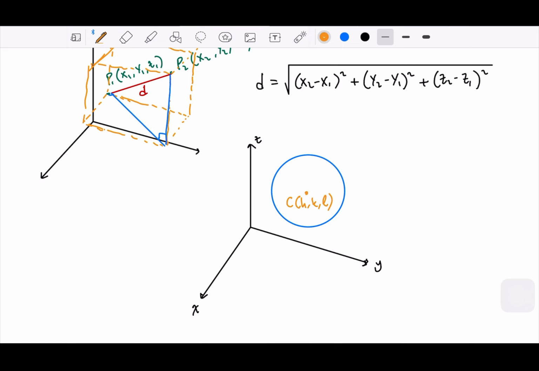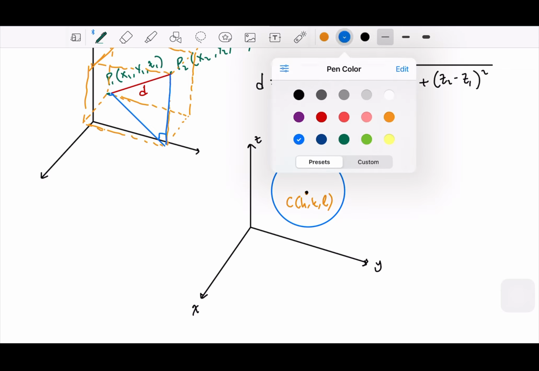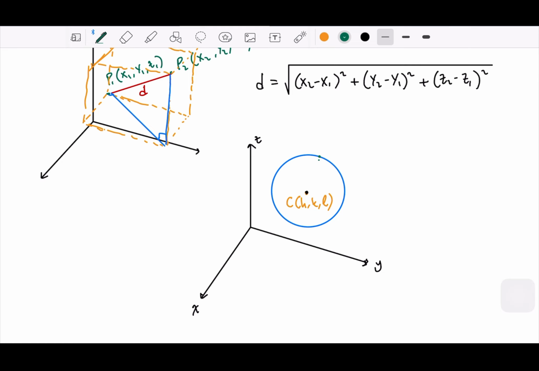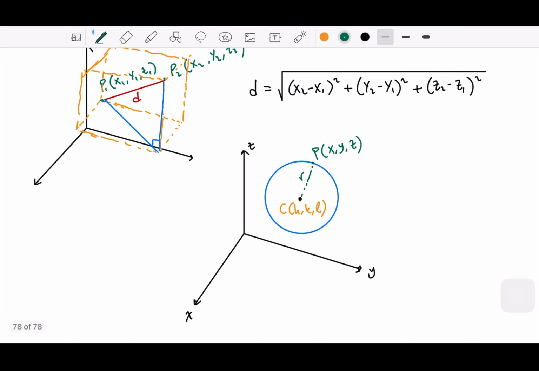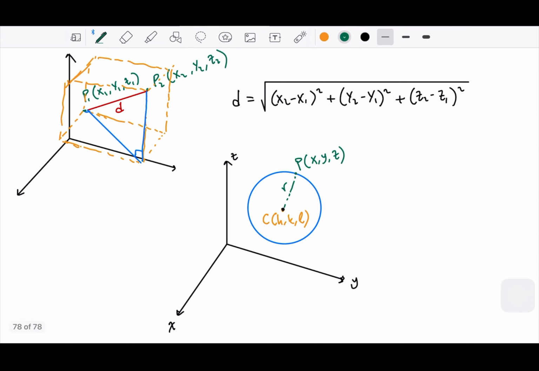That's the standard notation for the center of the sphere, and you have the diameter across the sides, and you have P at x, y, z on the other end of the radius. If we are looking at this sphere, we can connect this to the distance, in which the distance will be the radius.